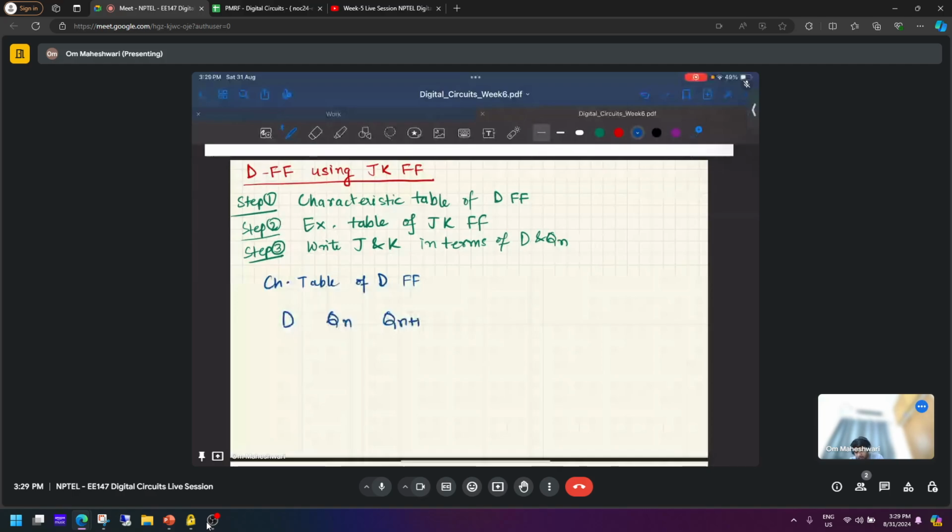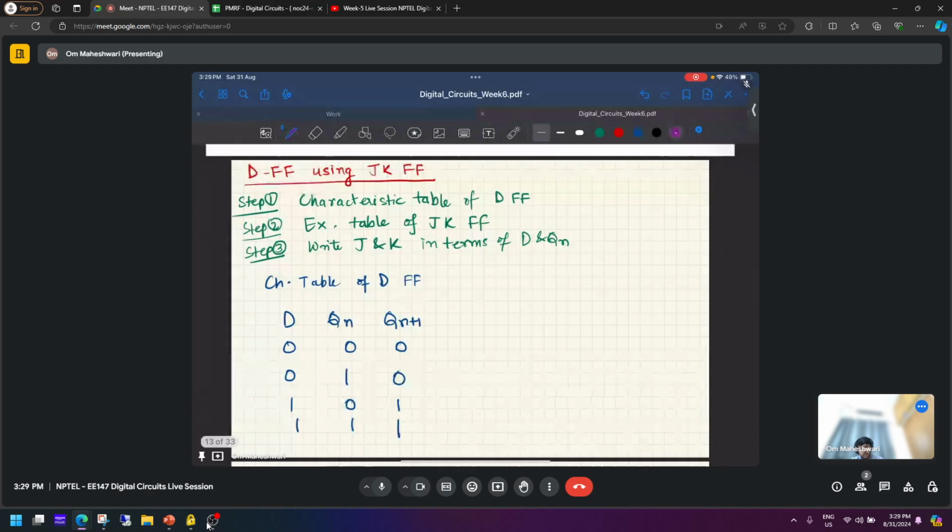So it is 0 0, 0 1, 1 0, 1 1, and in D flip-flop, whatever is the input, that is the output, right? So it will be 0 0 1 1. Now we write the excitation table of JK.